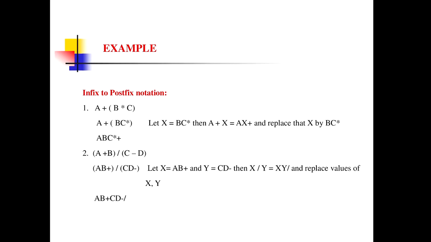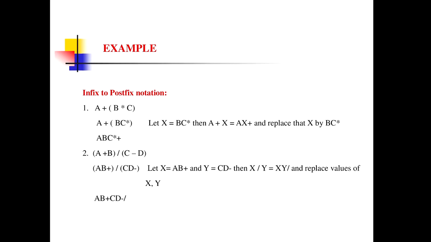And once again here I let X equal BC star. Hence your expression becomes A plus X. And as it is A plus X, in postfix you can easily write AX plus. And after that you replace the value of X. So finally you will get A, then the value of X, BC star, and then plus.